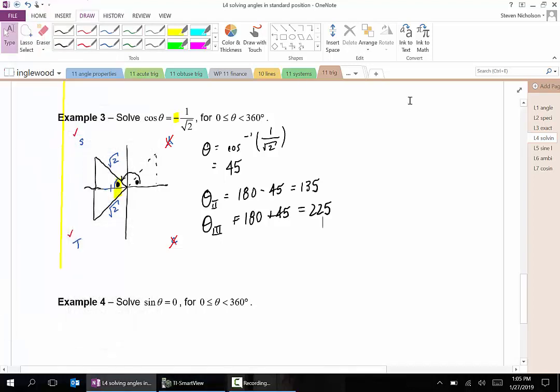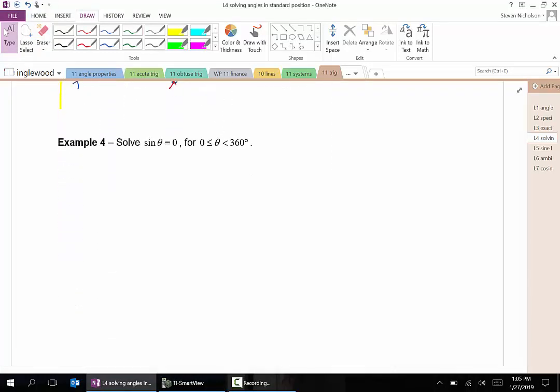Okay, one last one. Again, these are those quadrant angles. We want to figure out where sine theta is equal to 0 for angles greater than or equal to 0, but less than 360. So 360 and 0 are the same thing. So in this one right here, if we got out our calculator, we could just go theta is equal to the inverse sine of 0.